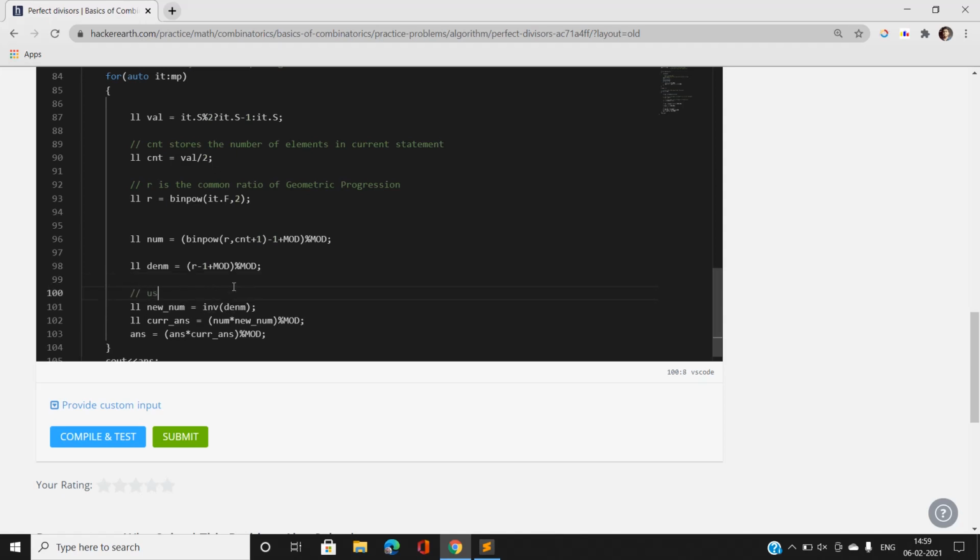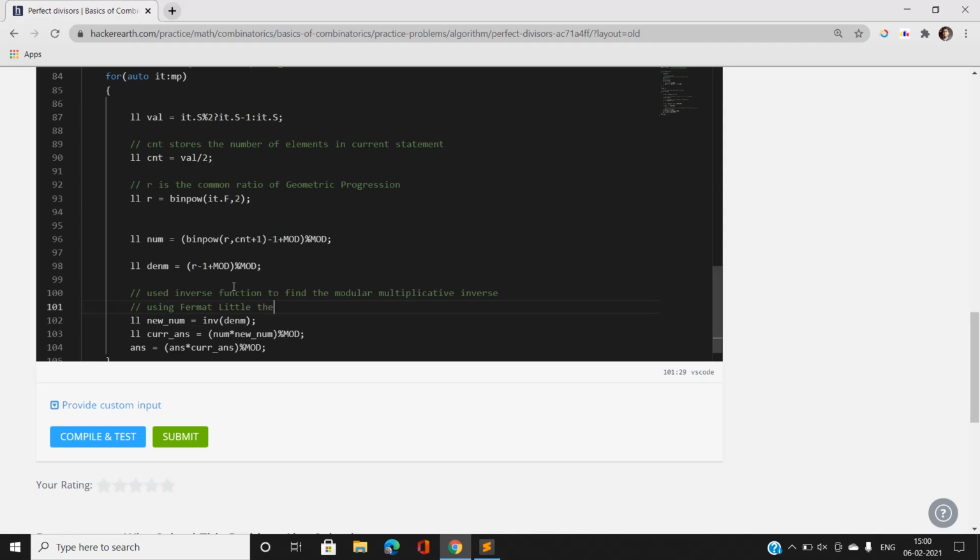Let me write: used inverse function to find the modular multiplicative inverse using Fermat's little theorem.